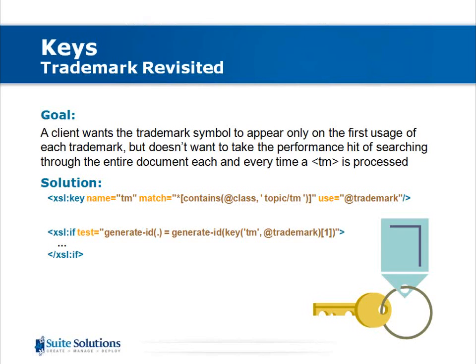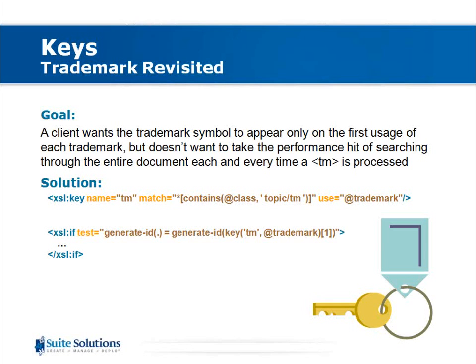So we go back to our key, we go back to our index, and we say, give me all of the elements that we indexed before that match a particular key value, specifically the current trademark. As I mentioned before, that key will return a number of different elements, perhaps 15. And therefore, we want to see which one of those is first. They're kept in order based on the order in the document.